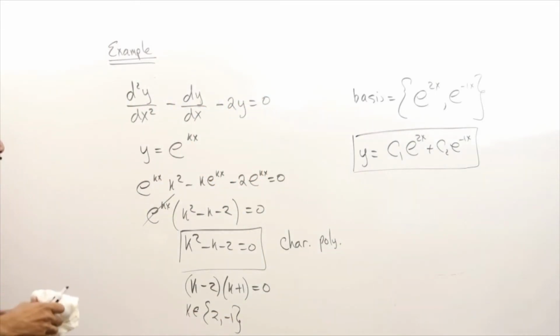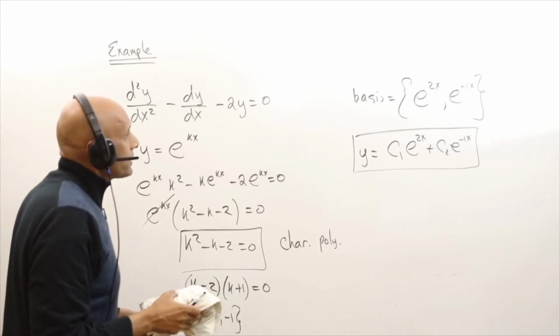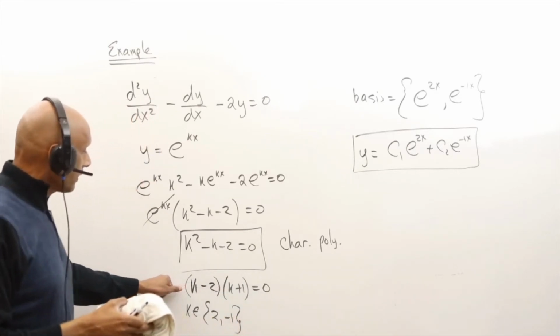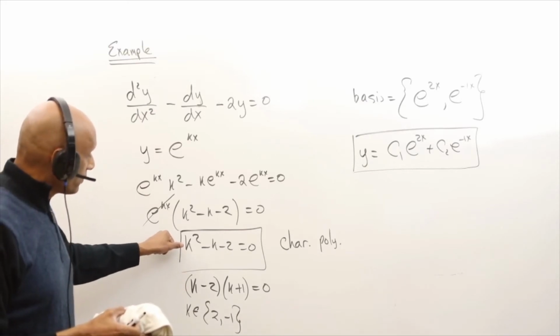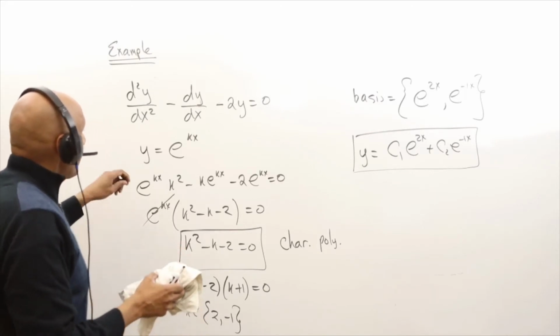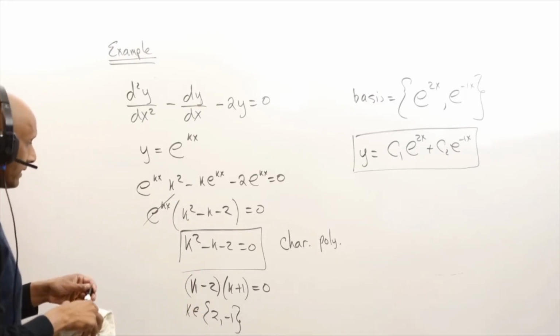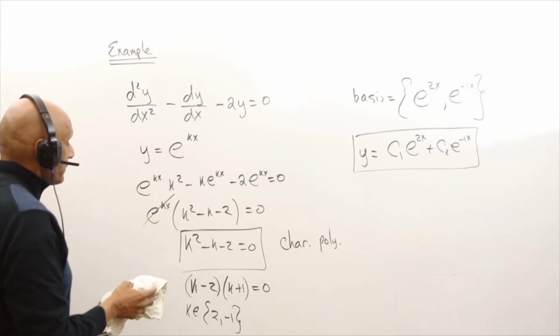Let me repeat this procedure with one more example, but you notice that we can construct the basis so long as we can factorize and find the roots of this characteristic polynomial. Let me do one more example and show you what problems we do get.